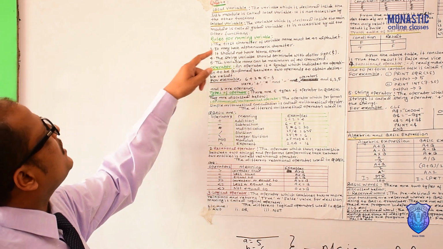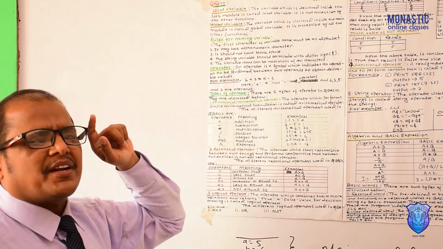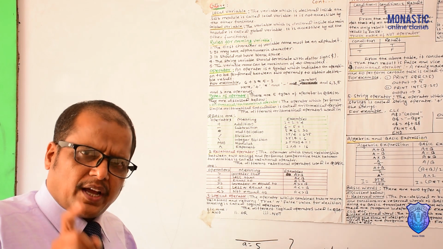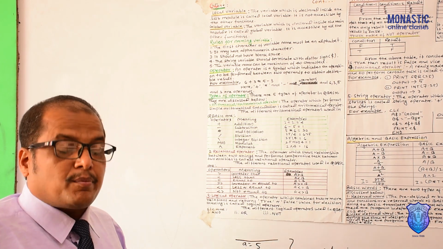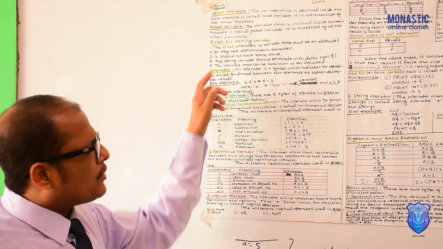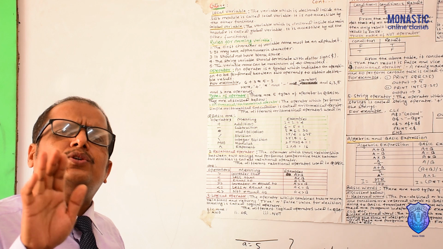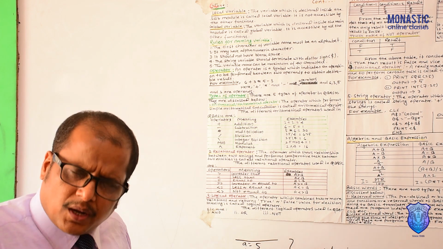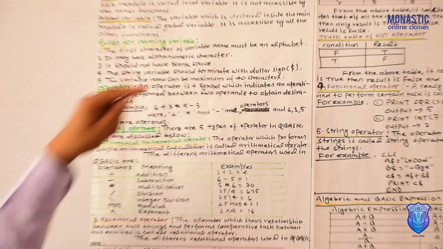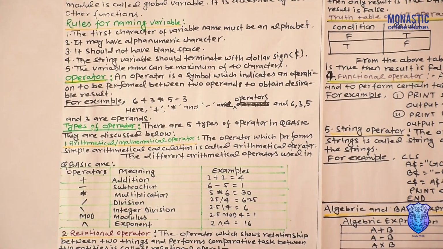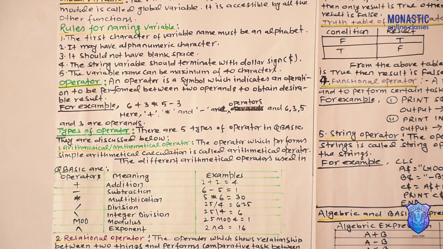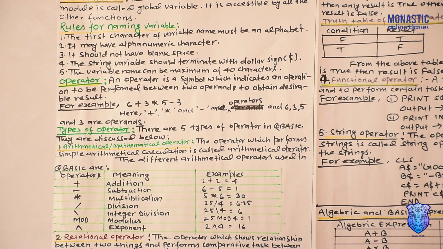Next point is it may have alphanumeric characters. You can use numbers and symbols, but the first character must be an alphabet, and after that we can use numbers or symbols. Next point is it should not have blank space. If you put a blank space in the variable name, then that is invalid.